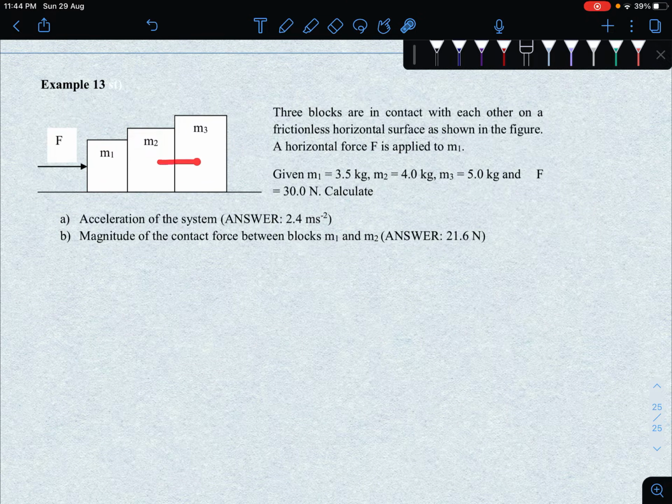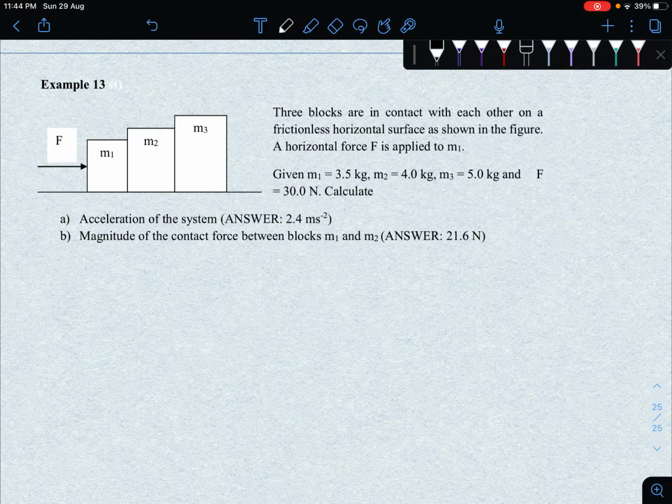It's going to push M3 and cause M3 to move. Pergerakan M1, M2 dan M3 ini adalah as a system. So mereka bertiga-tiga, since they are in contact, and the motion of one object is going to lead to the motion of the other object and lead to another object to move, kita panggil dia a system.